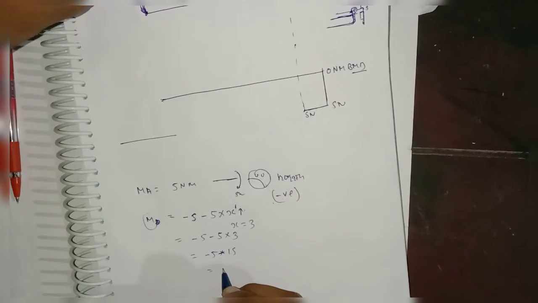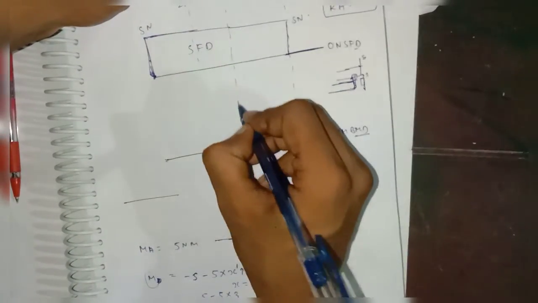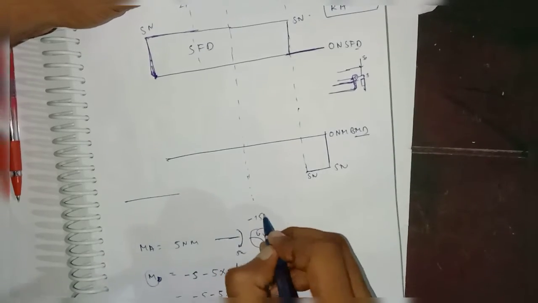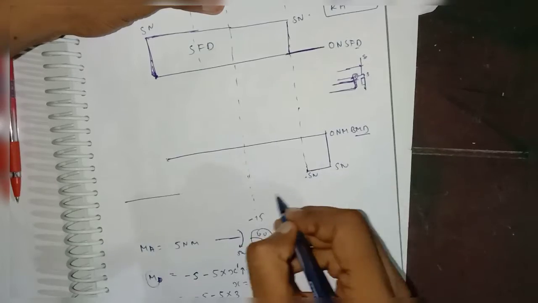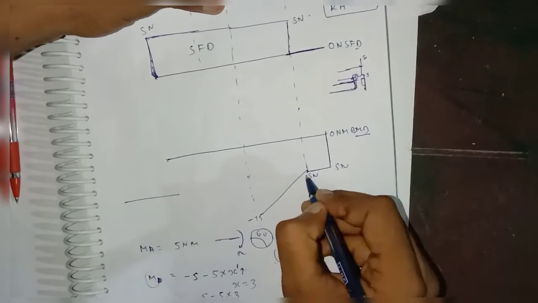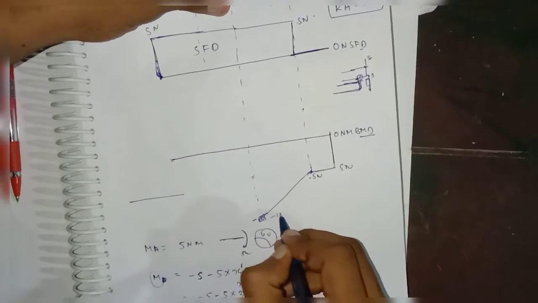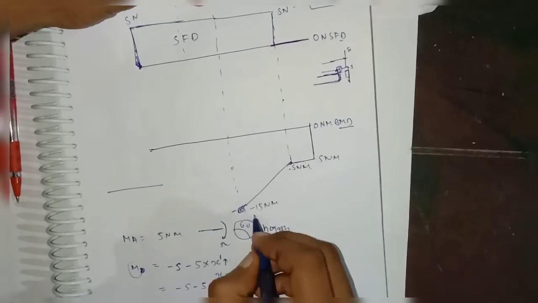So at this C section, I am getting minus 15. So this is also minus, so this is increased linearly, right? So minus 15 we are getting, right? Minus 15 Newton meter, okay. This will be Newton meter because it is moment, right?